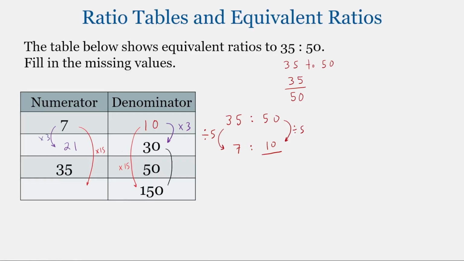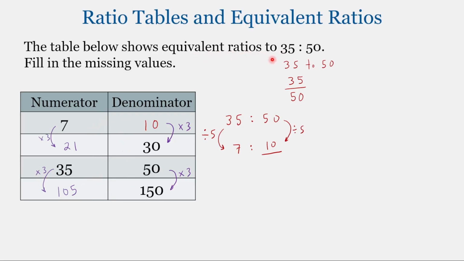So if we multiply 30 times 5, that means we're also going to multiply 21 by 5. But I'm going to start with this original ratio that we were given, this 35 to 50, because 50 times 3 is 150. So 50 times 3 is 150, and then 35 times 3 is 105. So we have now completed this ratio table.